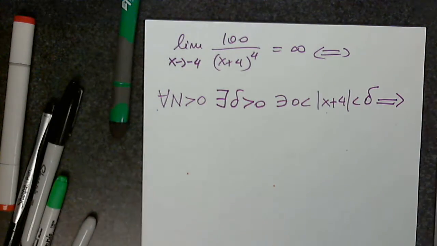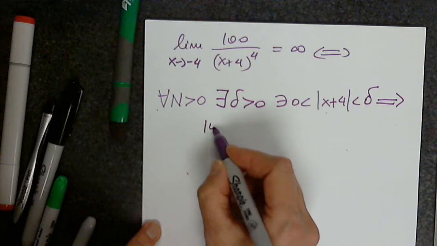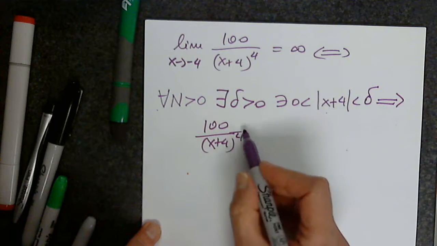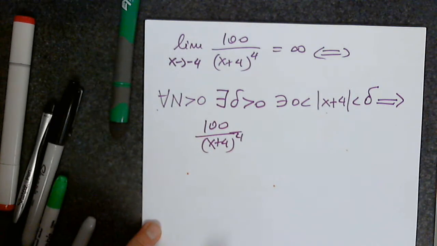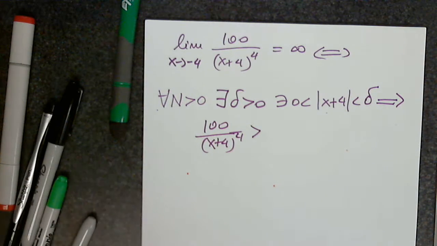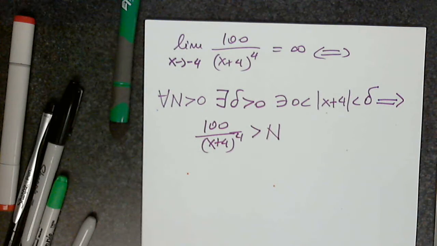It will imply that 100 over x plus 4 to the 4th power will be greater than, yes, n. Very good.